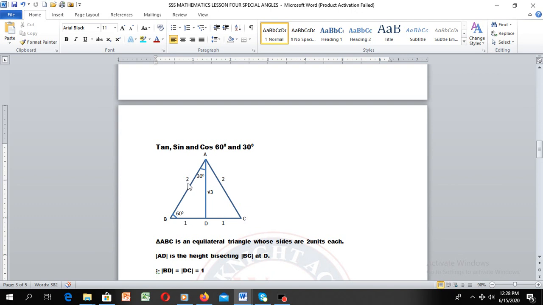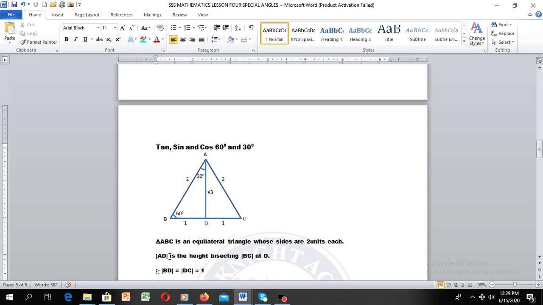Now, since we already have side AB to be 2 units, AC to be 2 units, and BC to be 2 units, this perpendicular line that is drawn from point A down to point D along the side BC is bisecting side BC. Bisecting means dividing it into 2 equal parts.